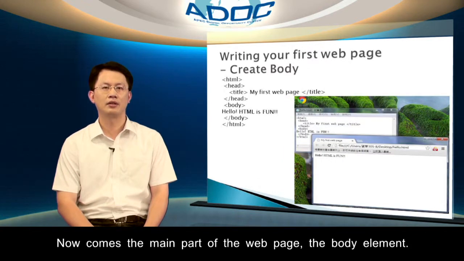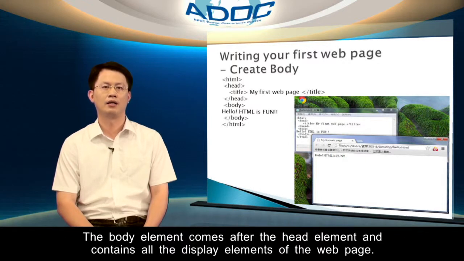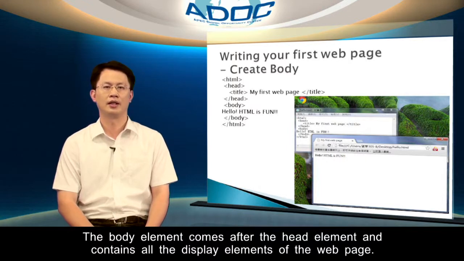Now comes the main part of the web page, the body element. The body element comes after the head element and contains all the displayed elements of the web page.